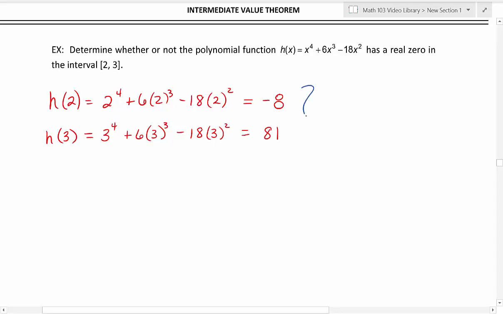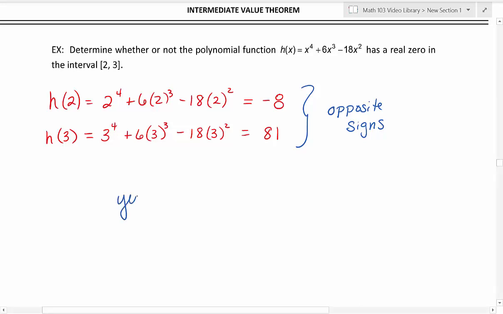Now it's time to compare. h(2) is -8. h(3) is positive 81. Here we have opposite signs for our two y values. The intermediate value theorem says that if our two y values have opposite signs, then there has to be a real zero in between the two x values.